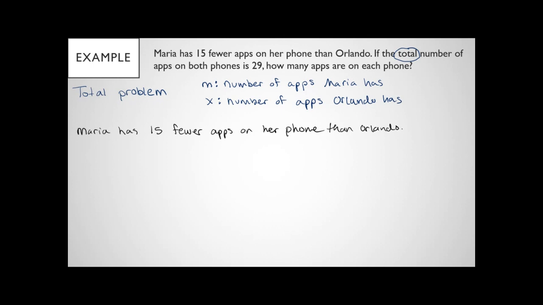So we're going to translate that sentence. So has is one of our verbs where we have the equal, like is, it's going to be a verb. So that's where our equal sign is going to be. So to the left of the equal sign, I have Maria. So I must have my variable for Maria there, because I have nothing else on there.